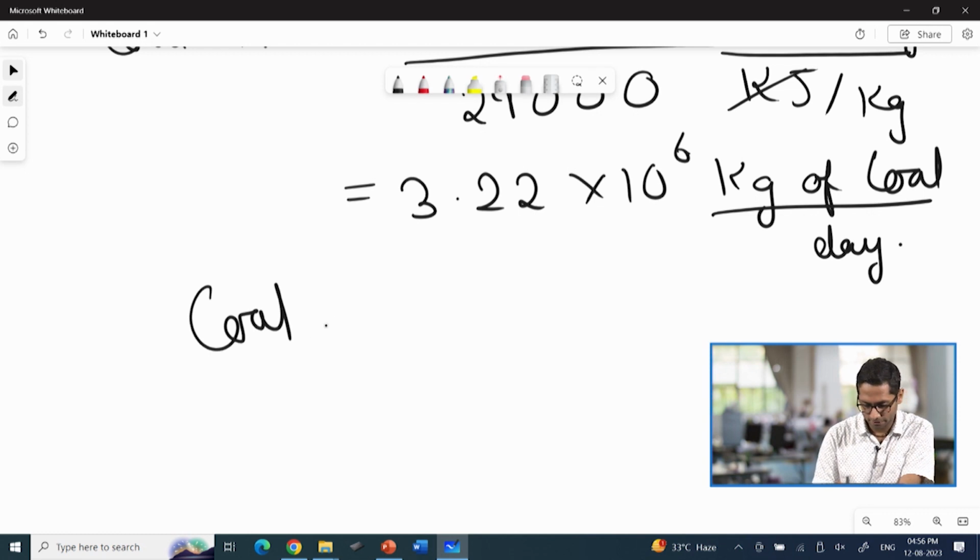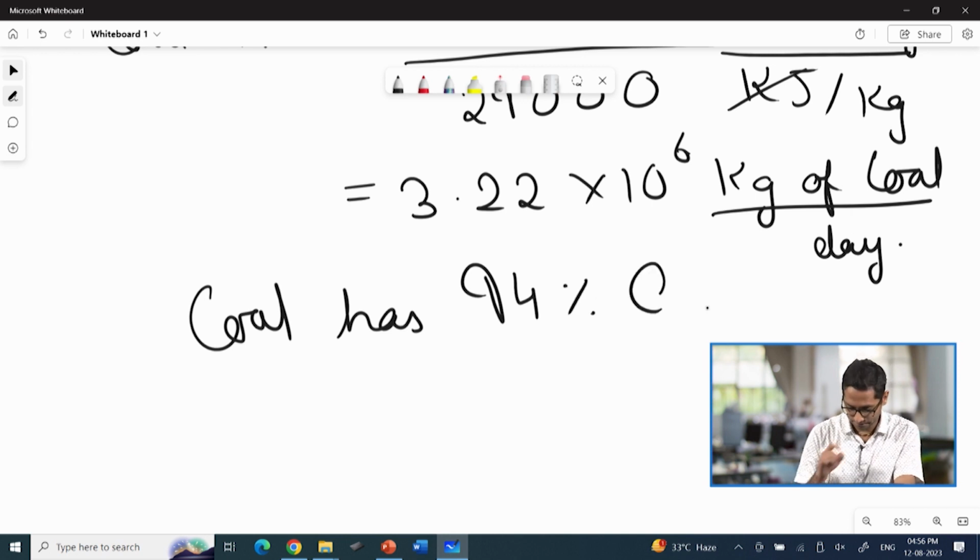Further, we have estimated that coal has 94% carbon content.